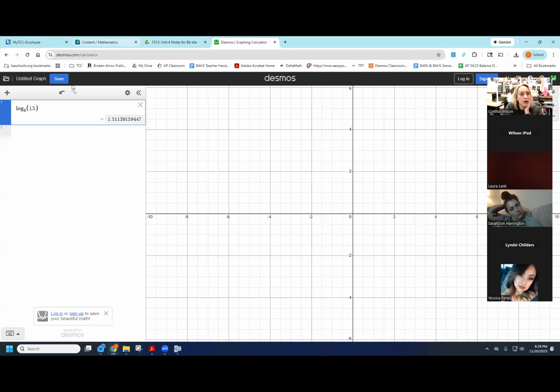I tried in Desmos Scientific and it didn't work. I didn't have a button, but on Desmos graphing, you would do log, and then you hit shift hyphen 6, 15, and then up in this corner right here, there's your value. So use Desmos graphing.